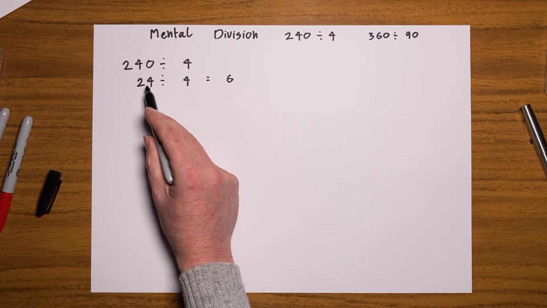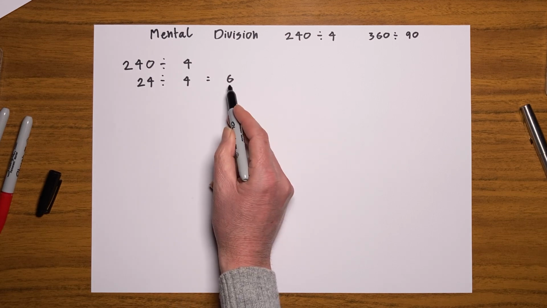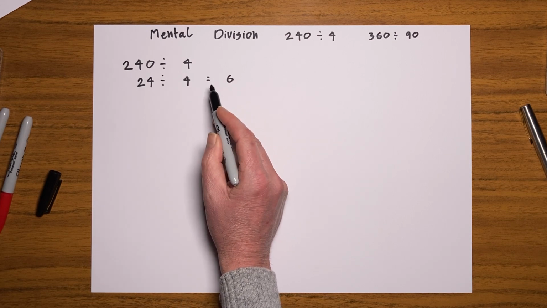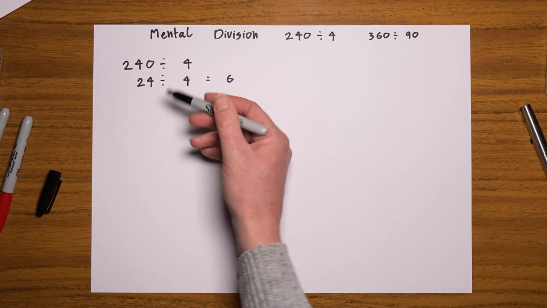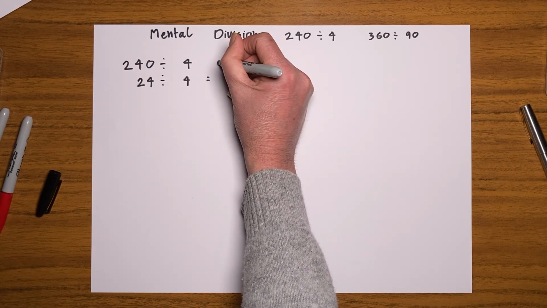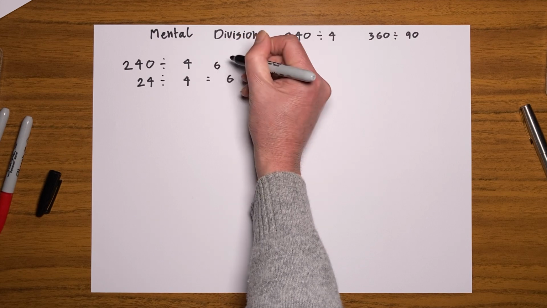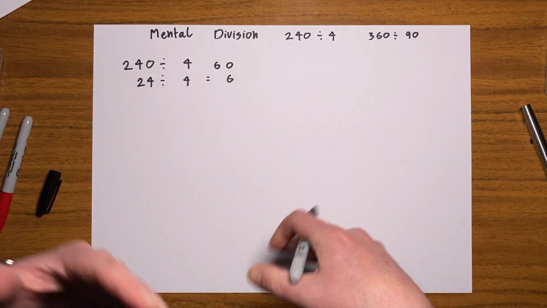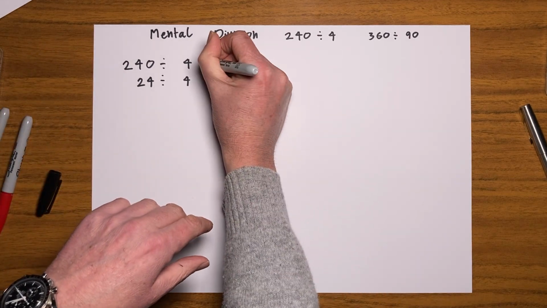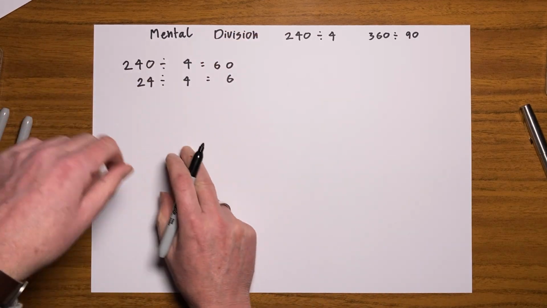So when I had 24 sweets and I shared with 4 people, they each got 6. If I had 10 times as many sweets, I had 240 sweets, and I shared it between the same 4 people, this time they would get 10 times as many sweets, which is 60. And that's the key to this, is thinking, what are you actually doing with this? What does this division mean?